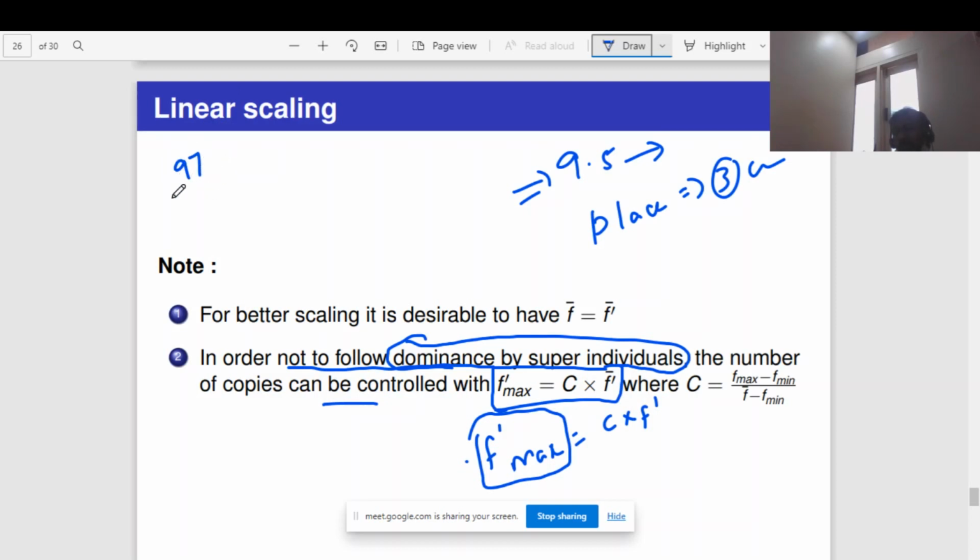But if you keep creating offspring with the same individual, then the resultant offspring will also be of similar fitness score, which is not healthy, right? Now there should be a limit. There should be an upper limit on how many times an individual with best fitness score can be selected. Beyond that, he should not be selected, right? That is what is called not allowing dominance by superior individuals.